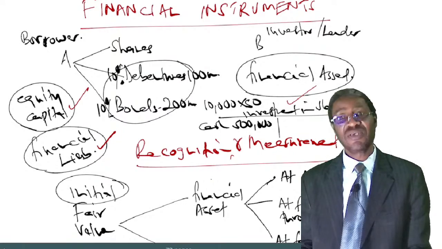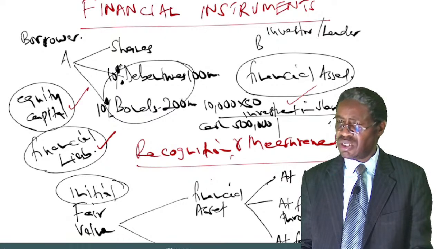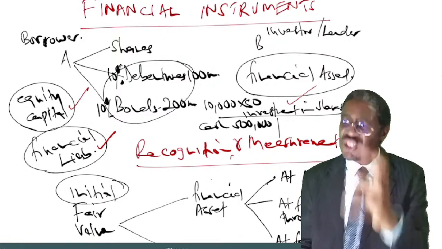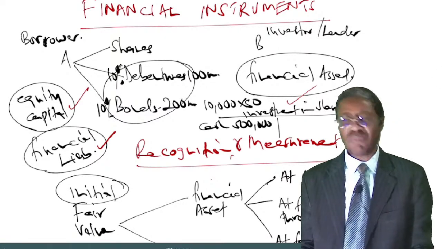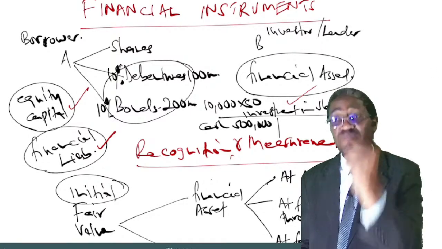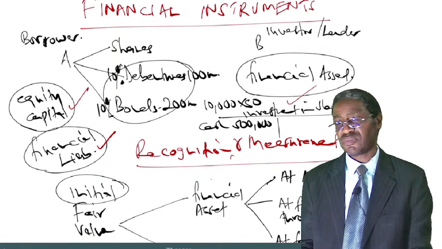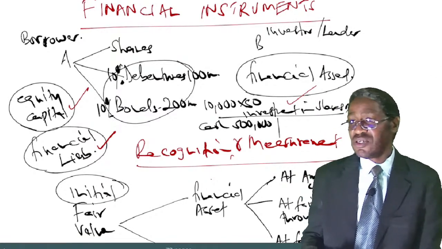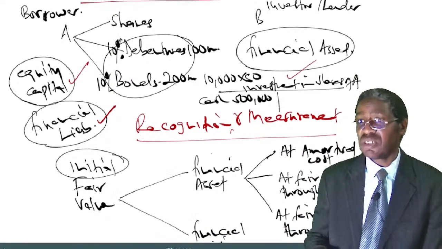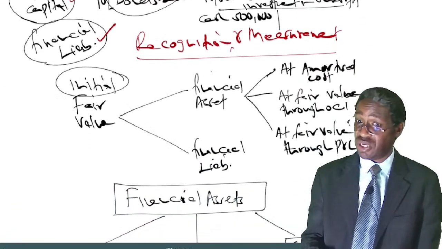Second, you also know as an investor, on the day the bond will mature, maybe after 5 years, 10 years, whichever, I'll be given back my principal. That is the 200 million. So I hope you can see already that bond or that debenture has that kind of characteristic.